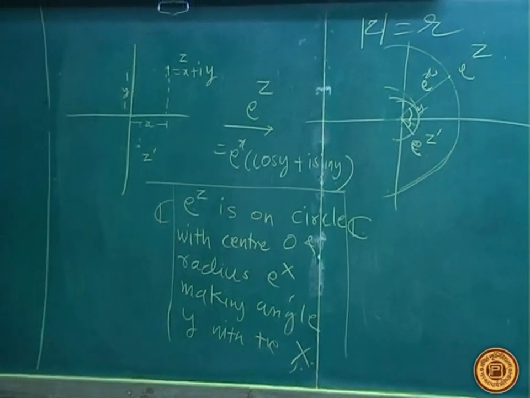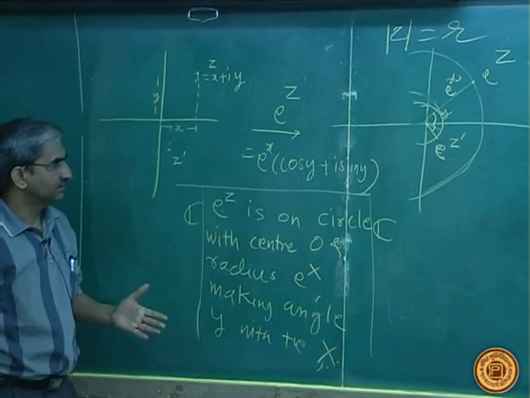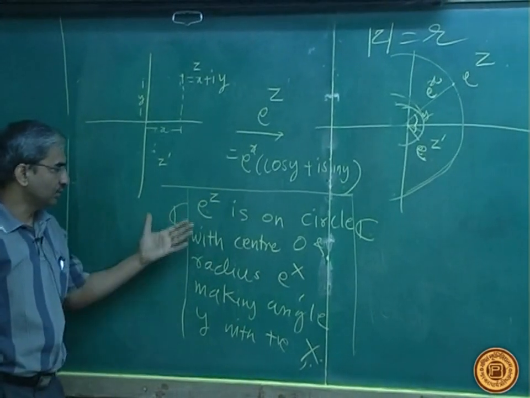So that is how you can geometrically describe e to the power z. Okay, that is how you can describe it geometrically.